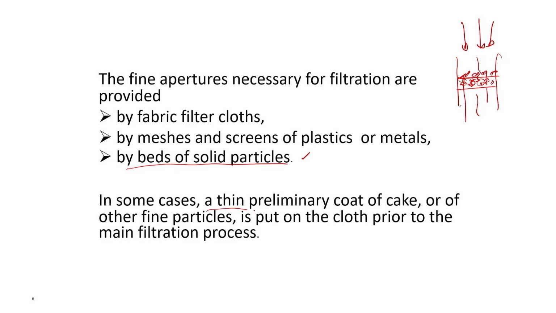So, in some cases a thin permeable coat, a preliminary coat, we can use, which is permeable in nature, or other fine particles. So, here we can use a thin permeable coating, or we can have some fine particle coating, which is put on the cloth.